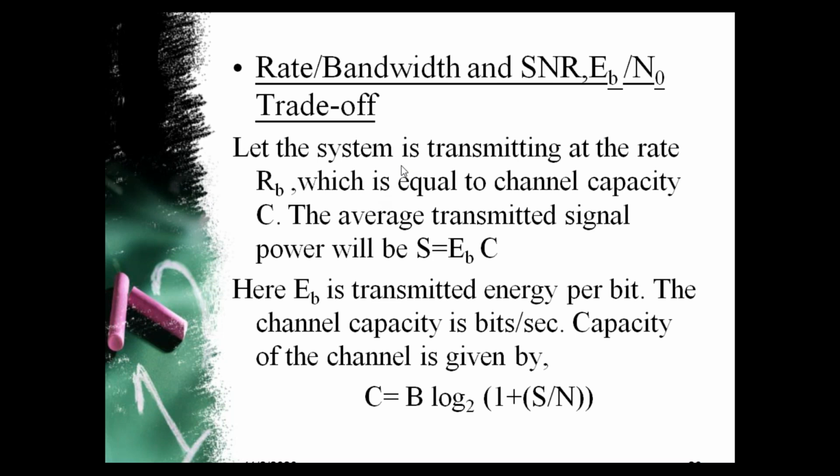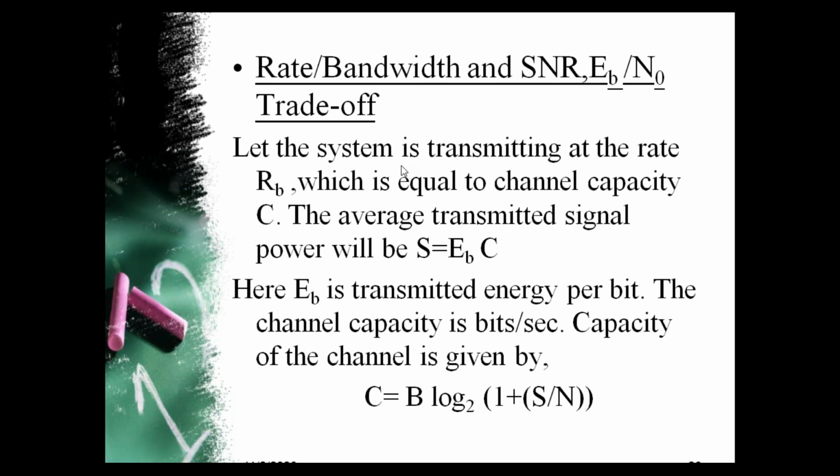Next are some other parameters regarding this channel: the rate to bandwidth ratio, and the SNR and Eb by N0 trade-off. Let the system be transmitting at the rate Rb.